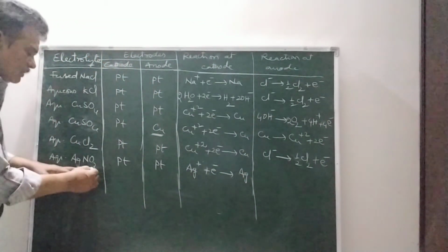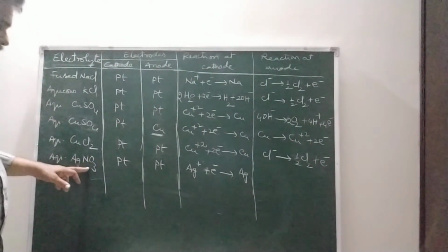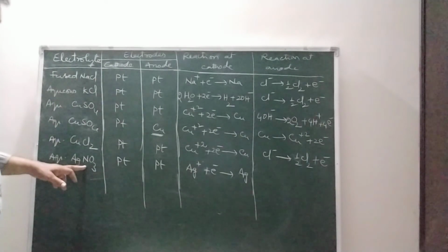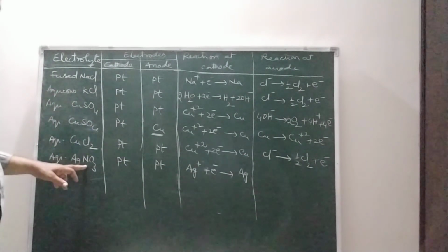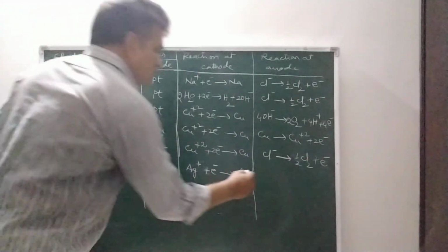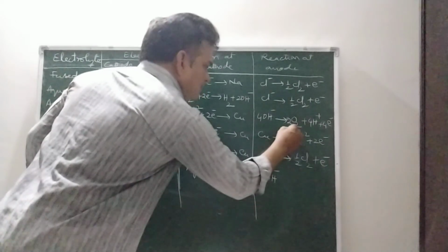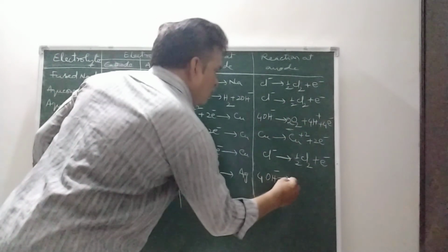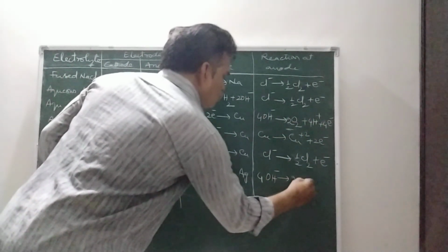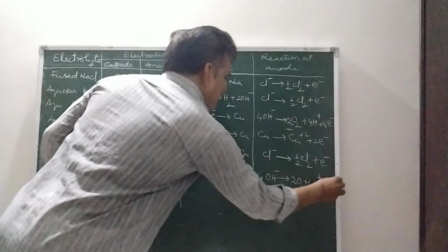Similarly, at the anode, NO3- ions and OH- ions are present. OH- ions have low discharge potential when compared to NO3- ions. So here oxygen is the anodic product. 4 OH- gives rise to 2 H2O plus O2 plus 4 electrons.